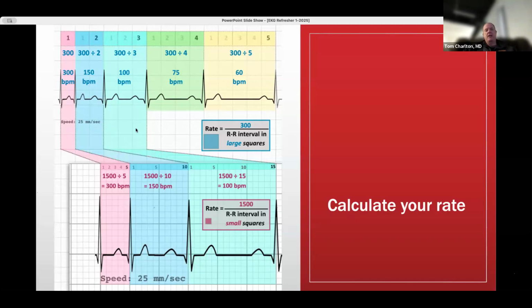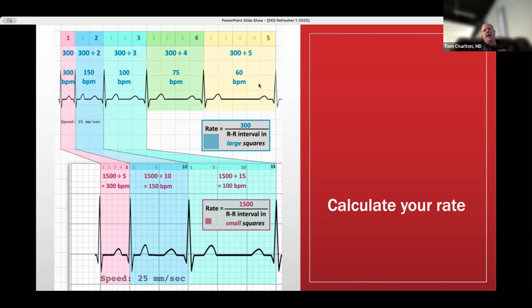And this is the thing that I have used since I was a medical student. And the funny thing is, when I'm still trying to calculate out a rate, I literally will mark it back. And I'll be saying kind of in my head, 1 big box, 300 beats per minute. 2 big boxes, 150 beats per minute. 3 big boxes, 100 beats per minute. 4 big boxes, 75 beats per minute. 5 big boxes, 60 beats per minute.